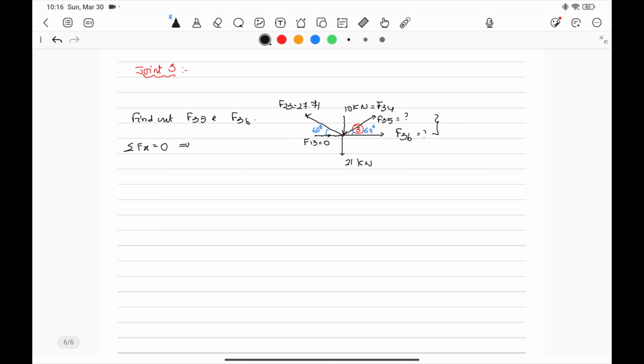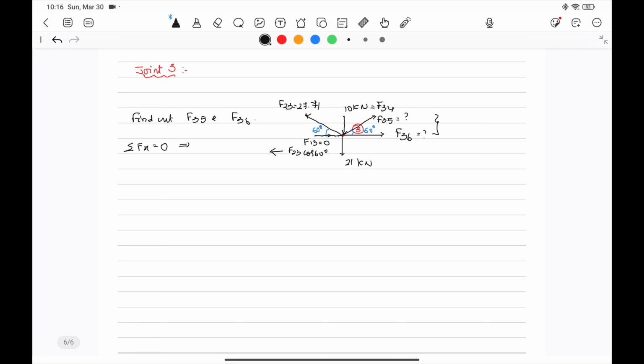The x component near to the angle of 60 degrees should be F23 cos 60.